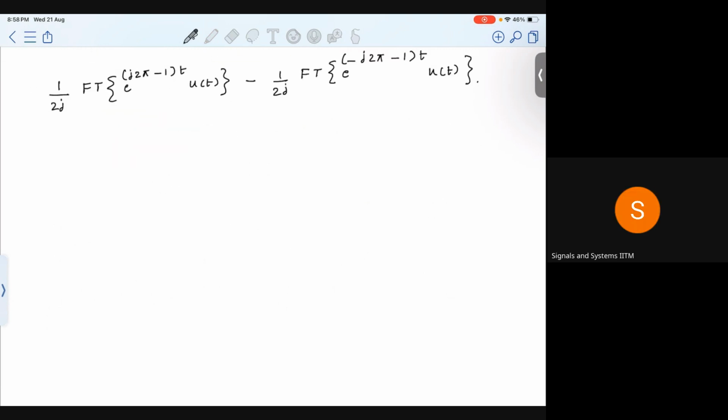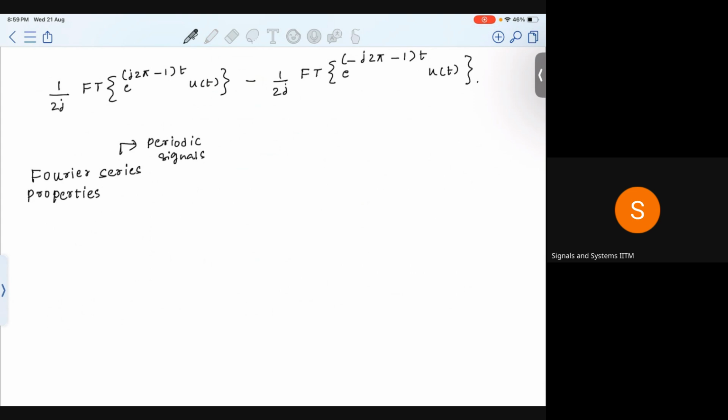The topics are pretty much simple, but you need to practice a lot. Fourier series, properties. Fourier series is given only for periodic signals.